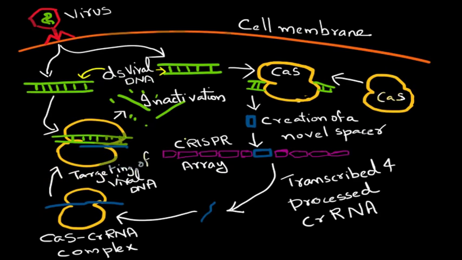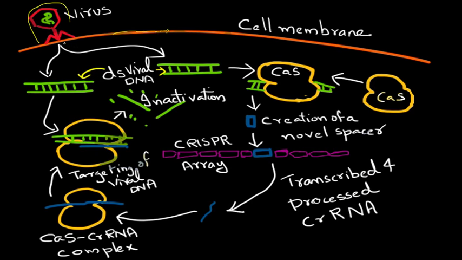Right. Now this image shows the whole thing, and it is quite congested, so I'll just explain here. This is the bacterial cell membrane, and this is the virus that is attaching to the cell membrane. This is the viral genome, and we'll concentrate in this area first of all.